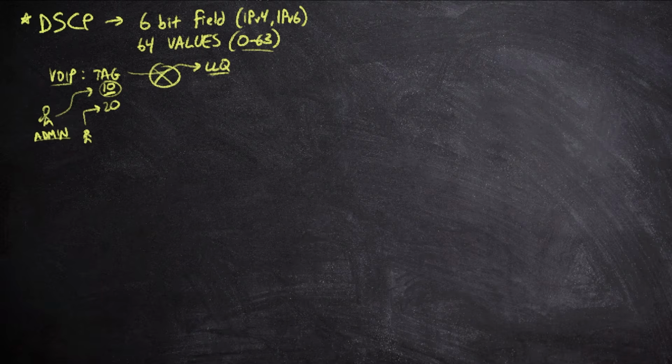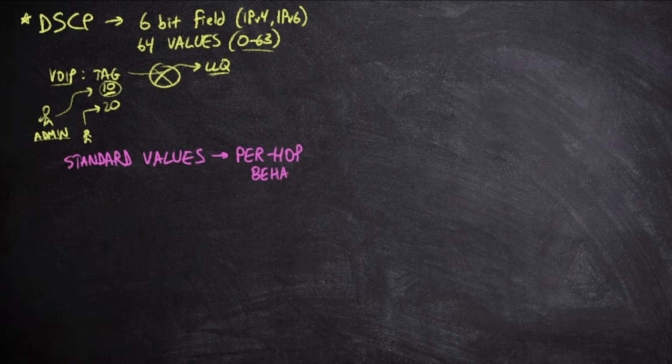And so what we want to do is to create a little bit of standardization, to create some standard values for specific purposes. And these standard values are known in DSCP as per hop behaviors.